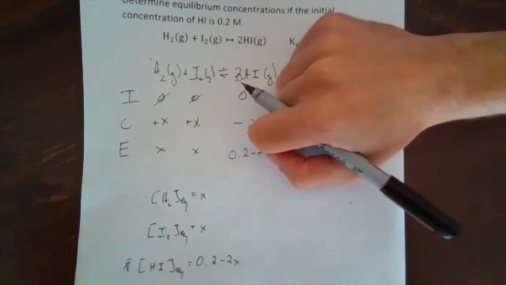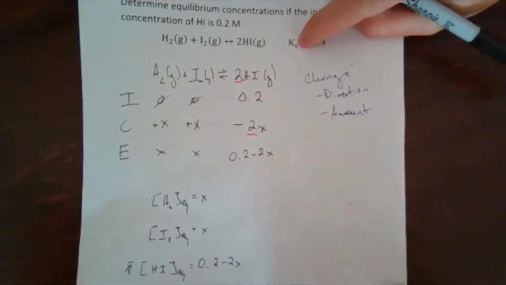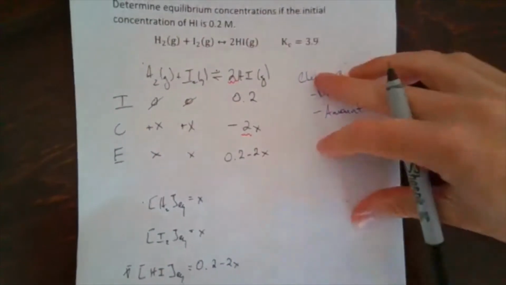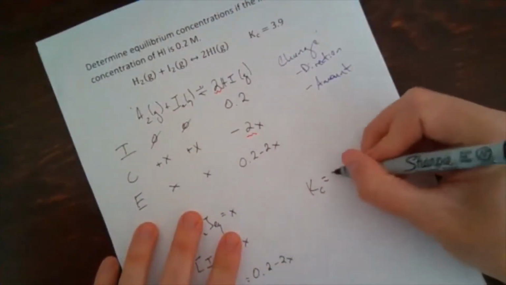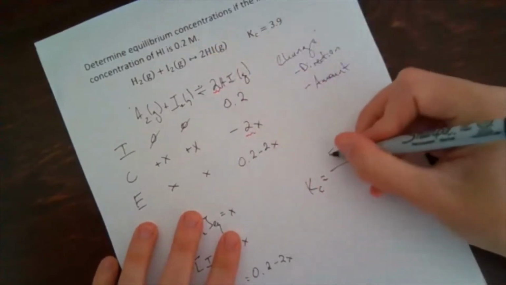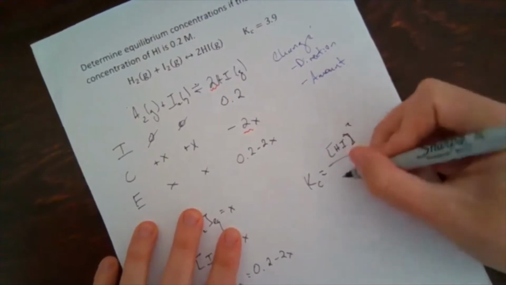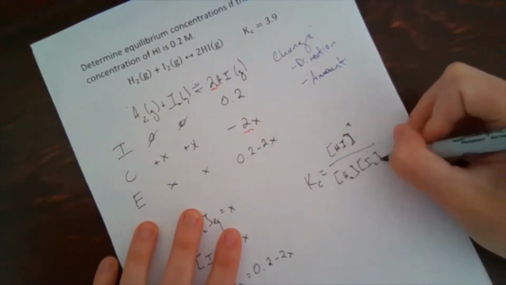So the question is, how do I solve it? And that's where Kc comes in. We know that these equilibrium concentrations are related to my equilibrium constant. In this case I can write it as products over reactants: the concentration of HI squared, over the concentration of H2 times the concentration of I2.